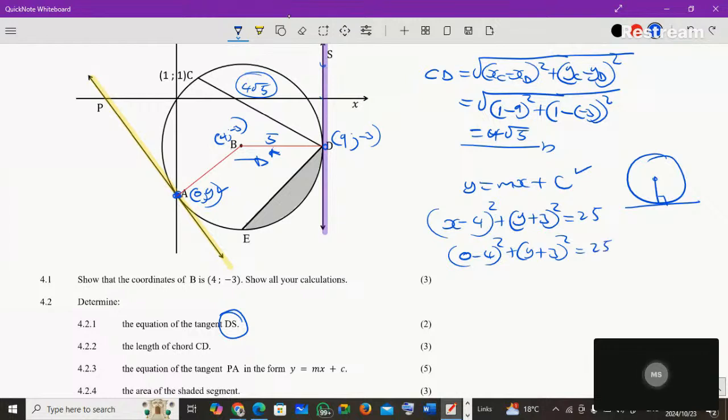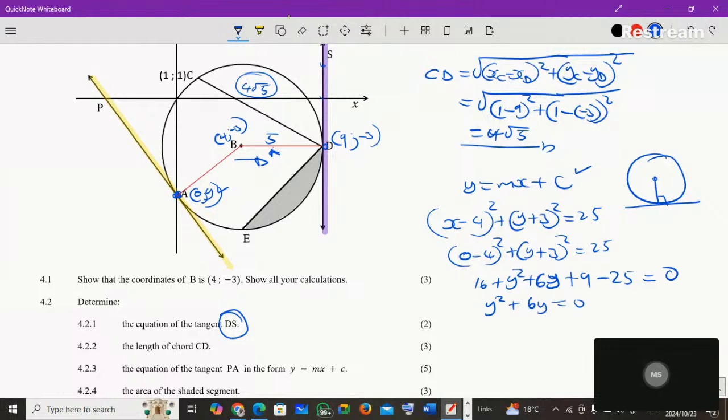Solving for y: 16 plus y squared plus 6y plus 9, then 25 minus 25 is equal, and 16 plus 9 minus 25 gives us 0. We are left with y squared plus 6y equal to 0.